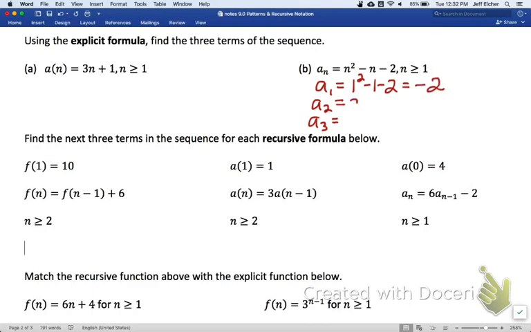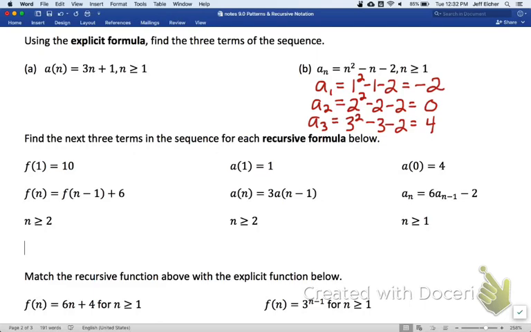Our next term, you plug 2 in wherever there's an n. So that looks like it's 4 minus 2 is 2, minus 2 is 0. And then plugging in 3 wherever there's an n. So that would be 9 minus 3 is 6, 6 minus 2 is 4.